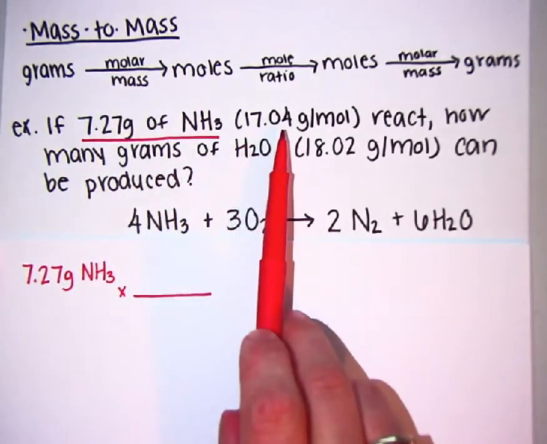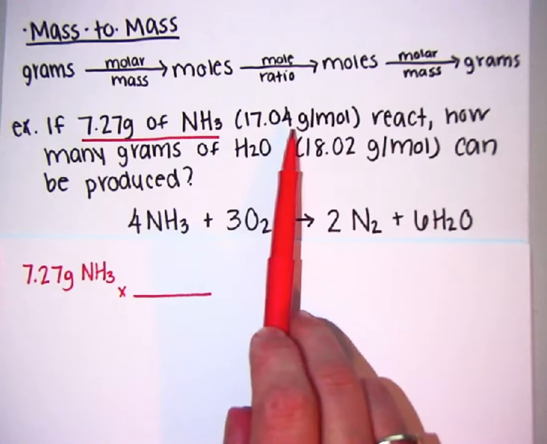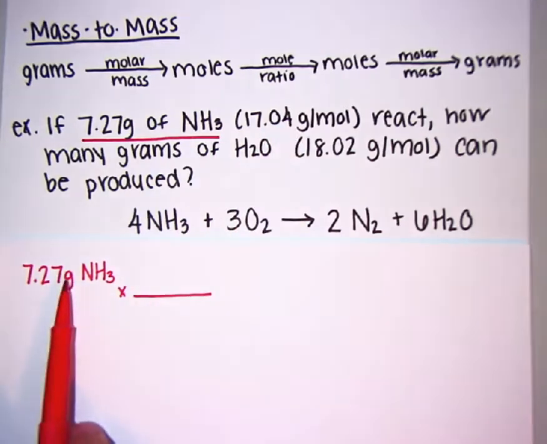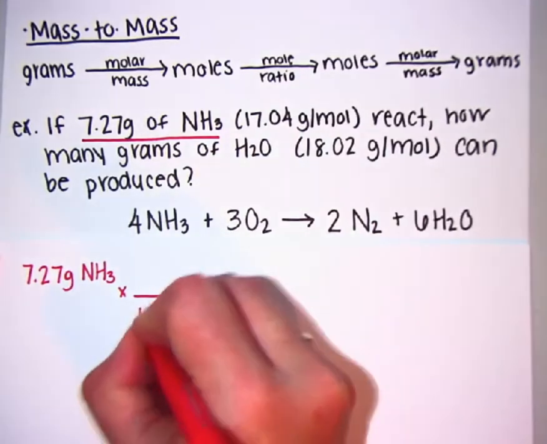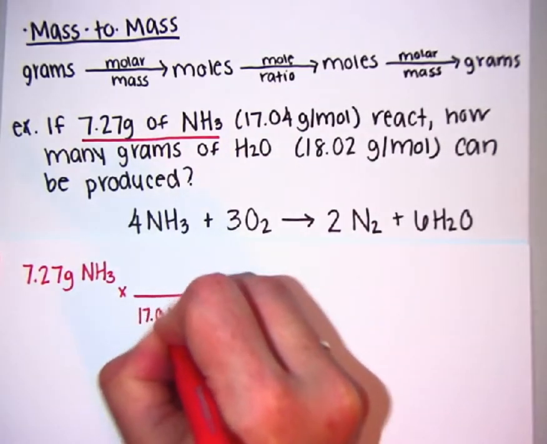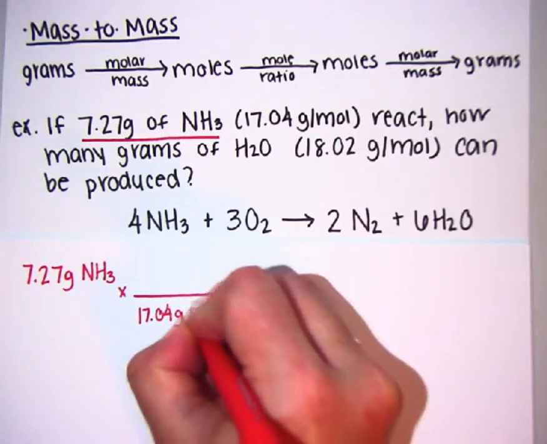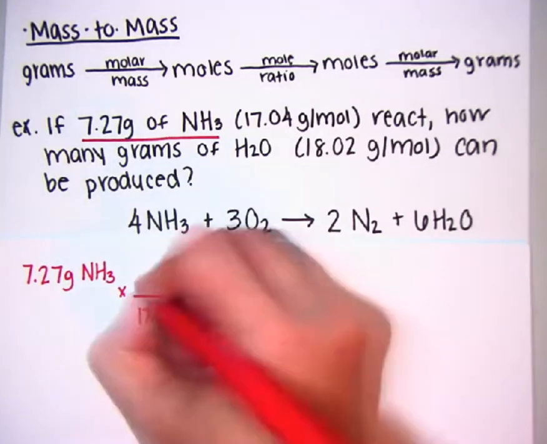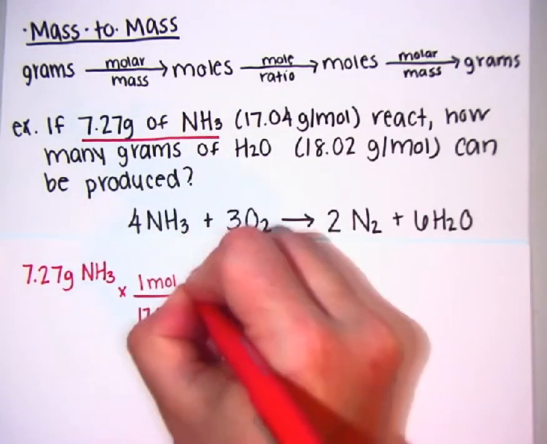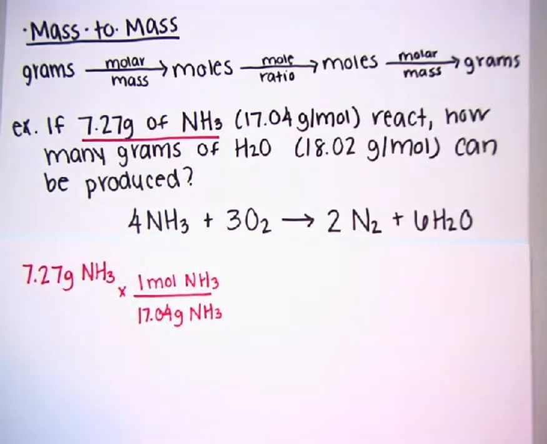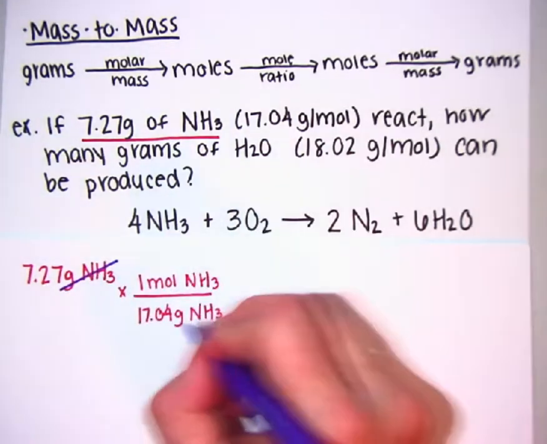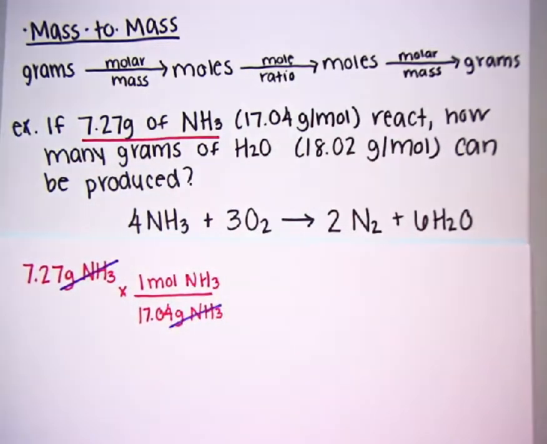Ammonia has a molar mass of 17.04 grams per mole. Since I'm starting with grams, grams goes in the denominator, so that unit cancels. 17.04 grams of ammonia in every 1 mole of ammonia. Grams divided by grams cancel, and now I'm at moles.